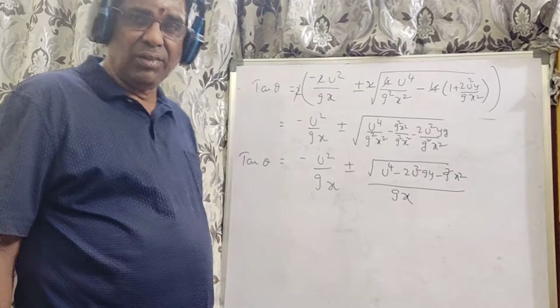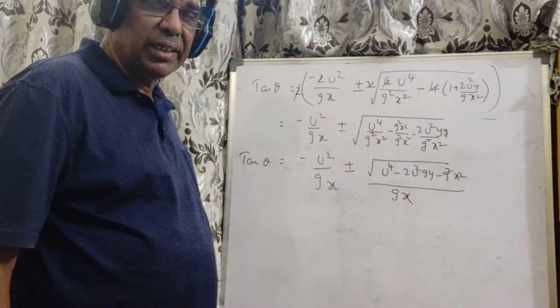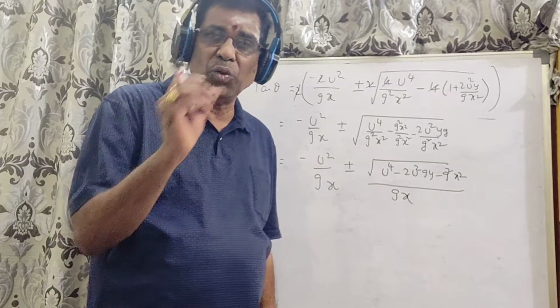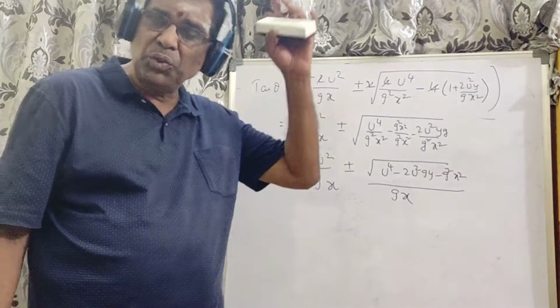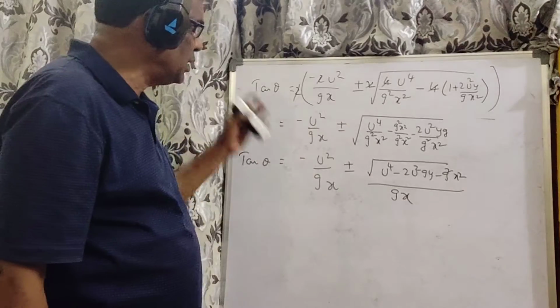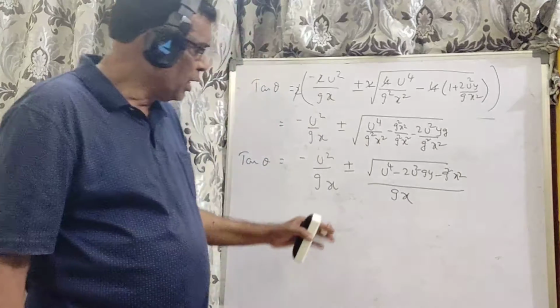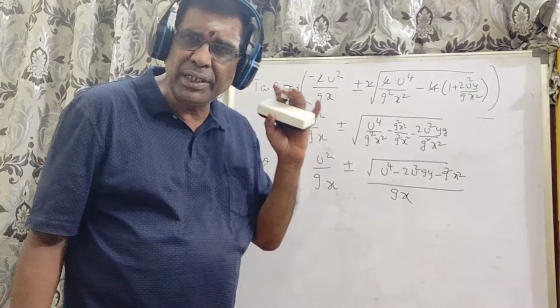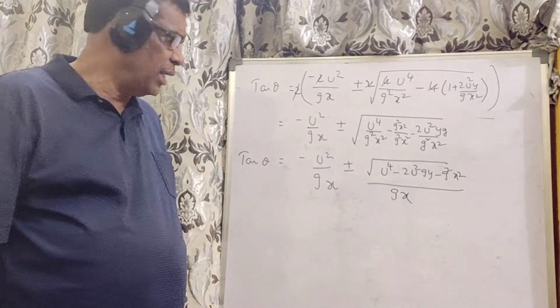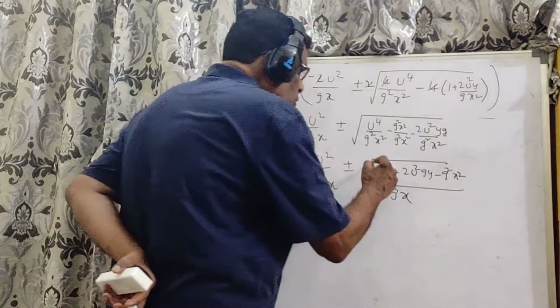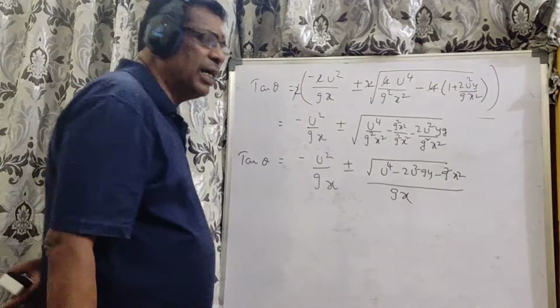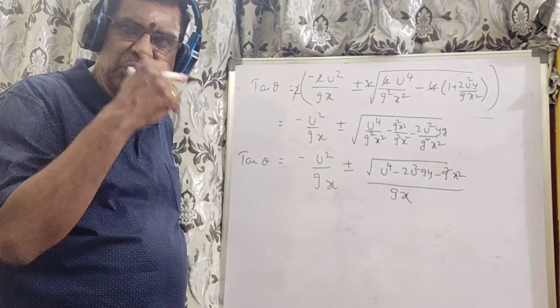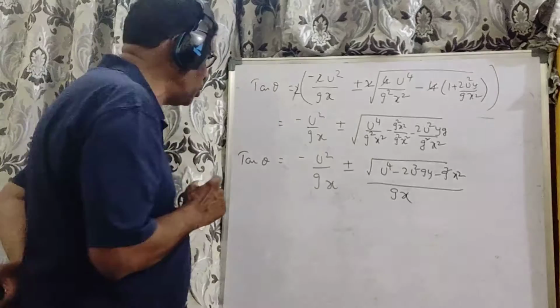What is the condition? Now let us recall the condition that we kept for this body to go and hit the target or pass through that point whose coordinates are x comma y, is that this solution of tan theta must be positive and real, right? Real means what? This should be greater than or equal to 0 under the square root.